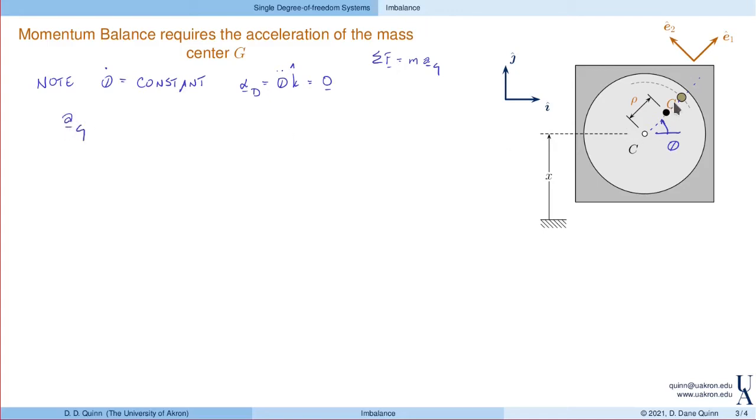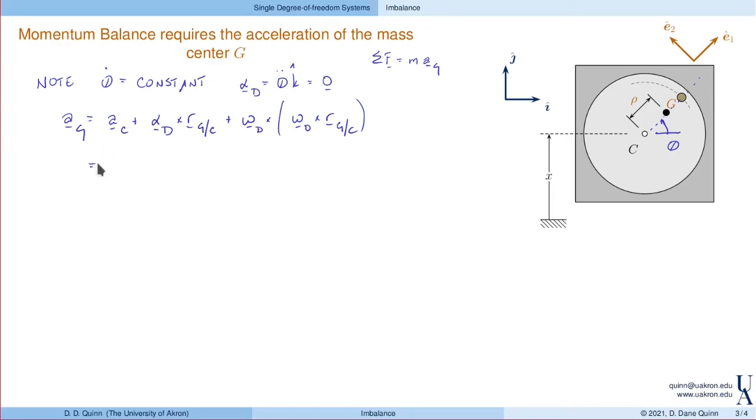The acceleration of g is the acceleration of c plus the angular acceleration of the disk cross the position of g with respect to c, plus the angular velocity omega cross omega cross r. This relationship was developed in dynamics. Now we can fill in all these details.